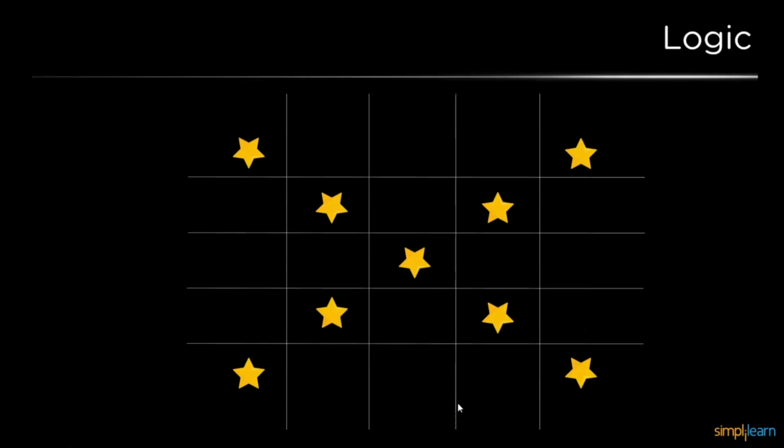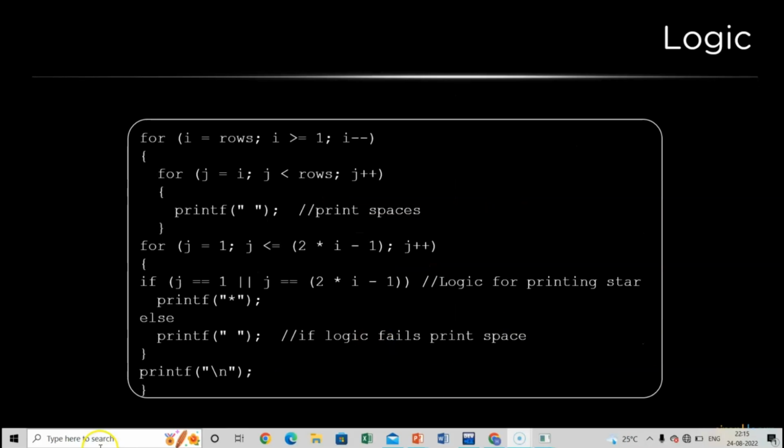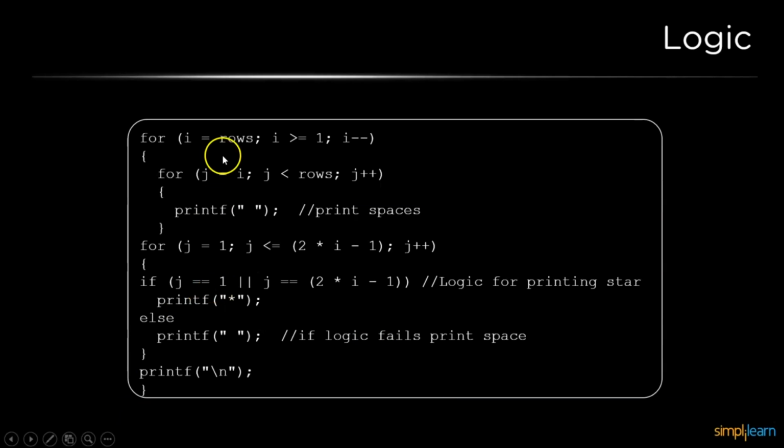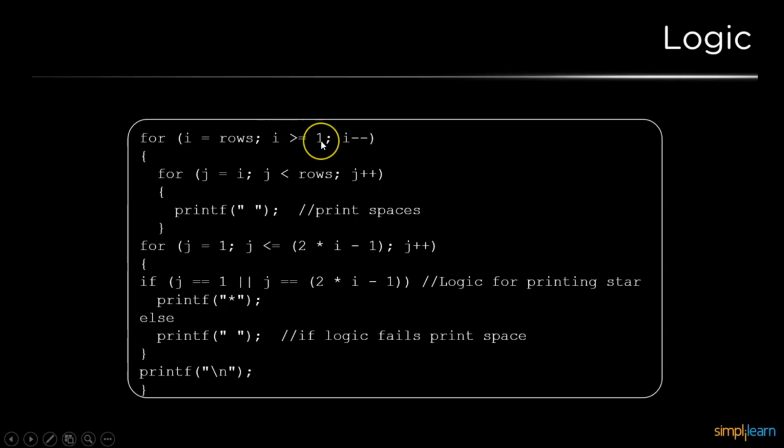So now let's have a look at the code. Here in this code we have i equal to rows, then i must be greater than or equal to 1, that is 5 is greater than or equal to 1, which is true, so it comes to the inner for loop where j value is i, then j must be lesser than rows. If this condition is satisfied, it prints the spaces.